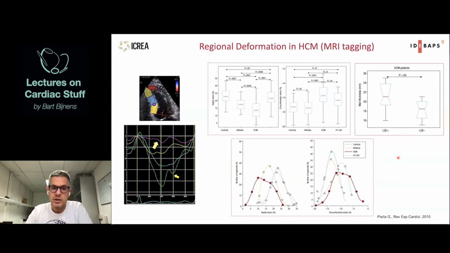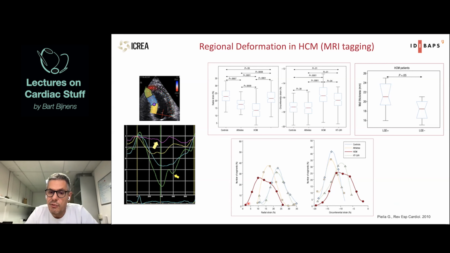Another thing, and this is a paper that was done at some point by Gemma Piella based on MRI tagging in these patients, is that you could try to make an abstraction of these segments and see how these deformation patterns are distributed.